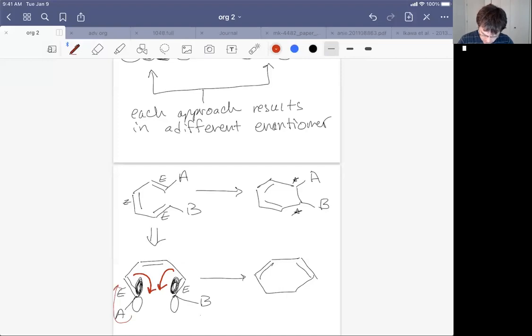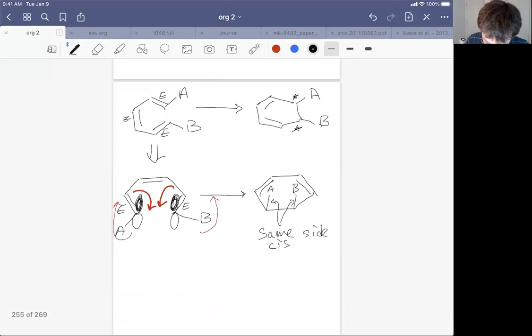Go up this way and up this way. And as a result, A and B end up on the same face, the same side. So we say they are cis.